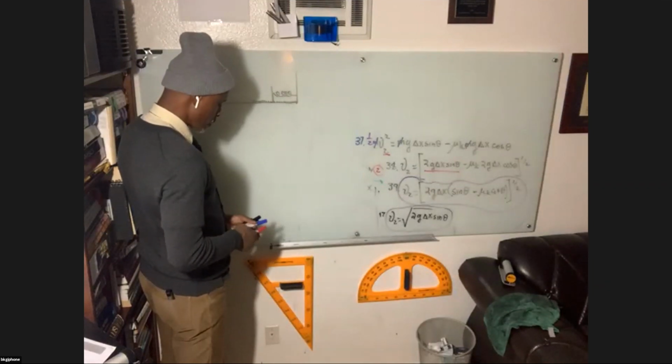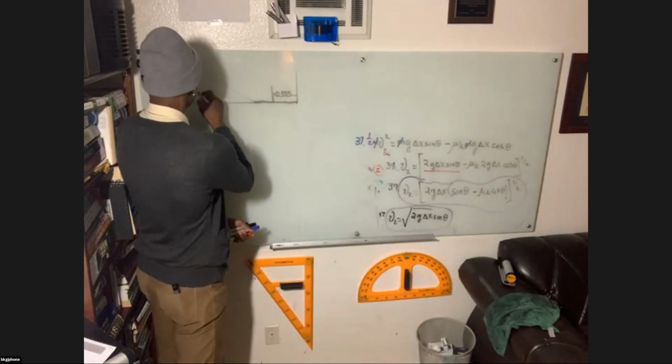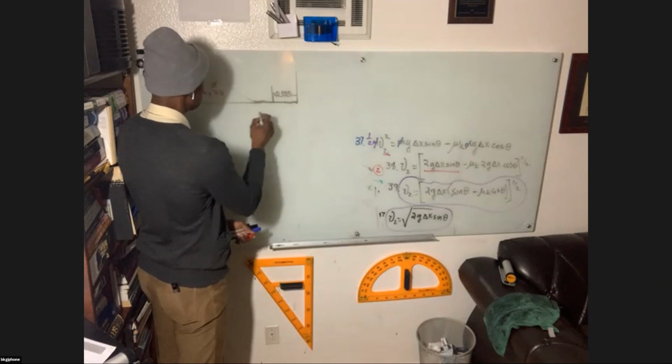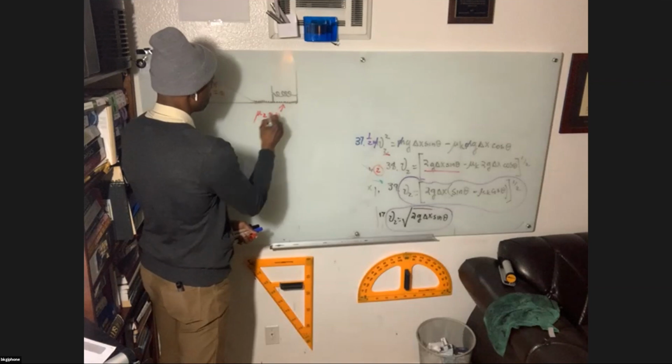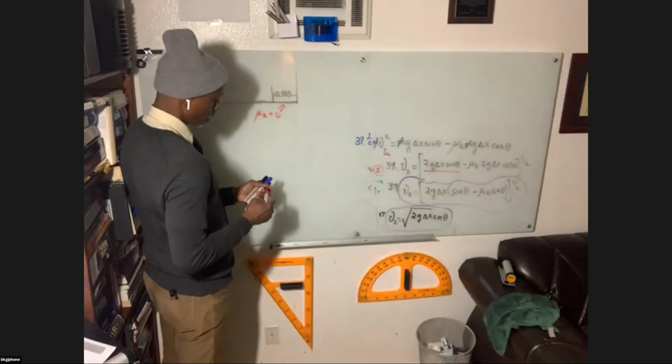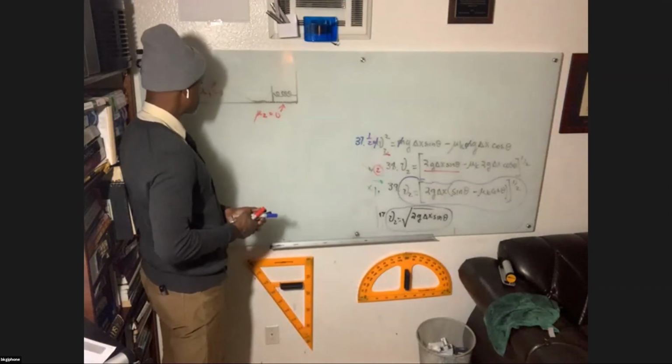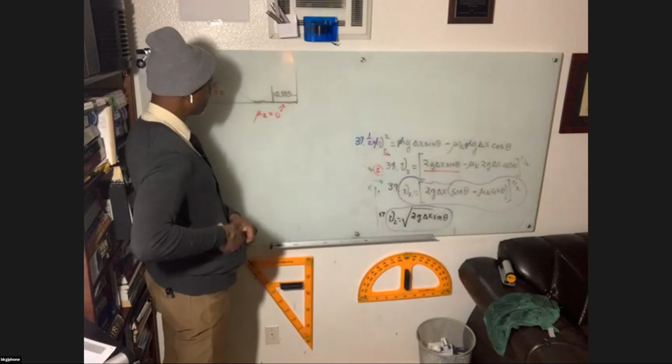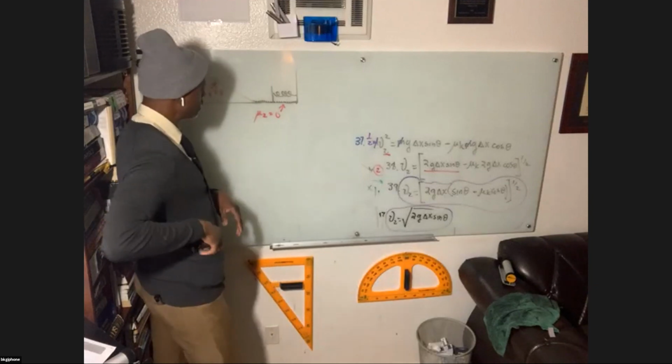So surface 1 mu equals 0 and surface 2 mu equals 0. Basically this is the frictionless problem, but I just want to distinguish two different surfaces.